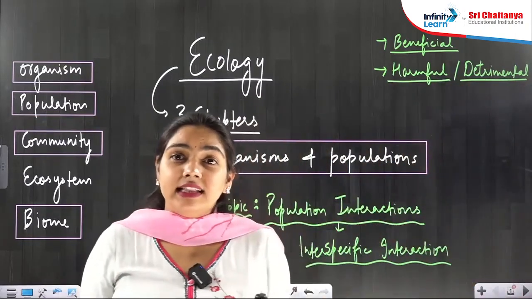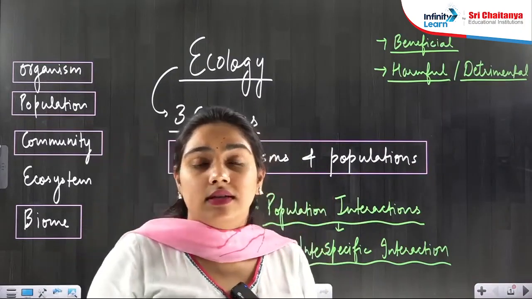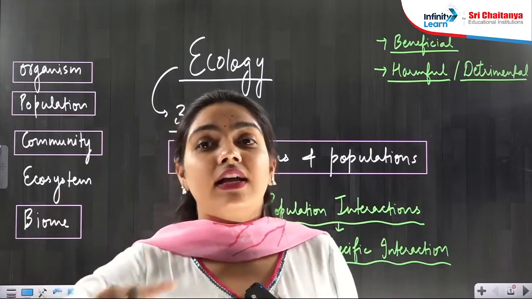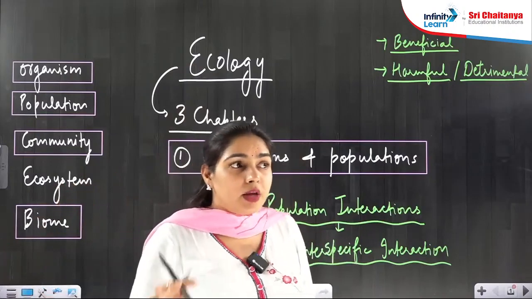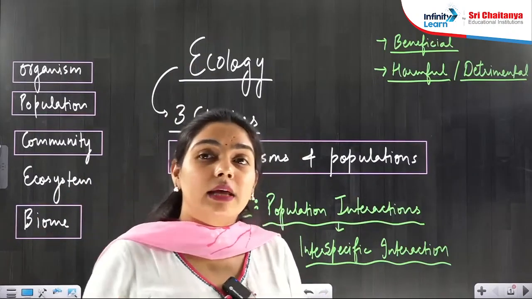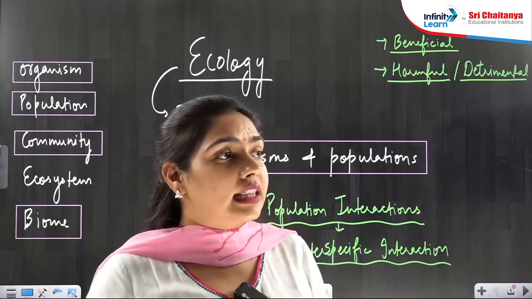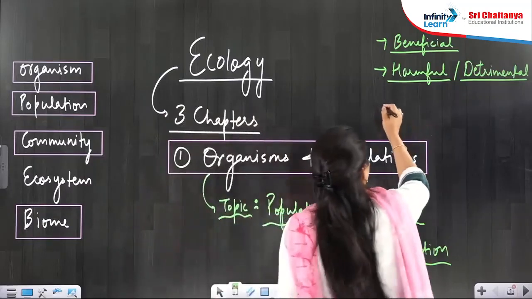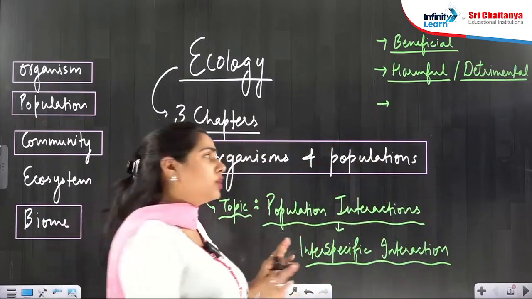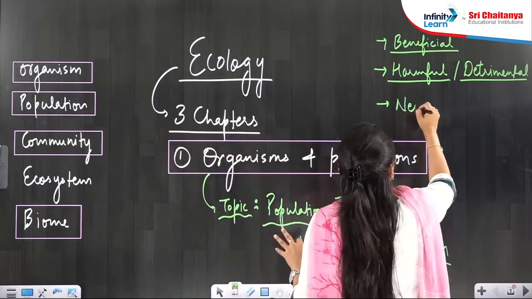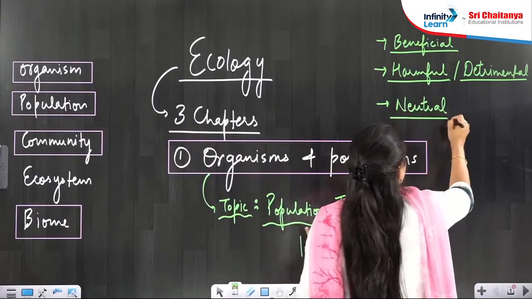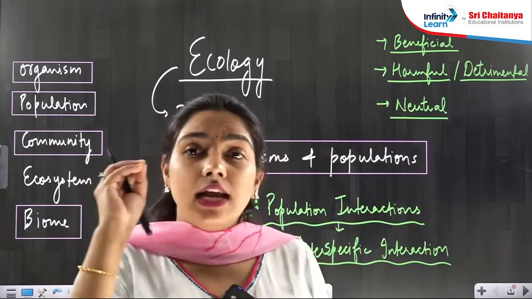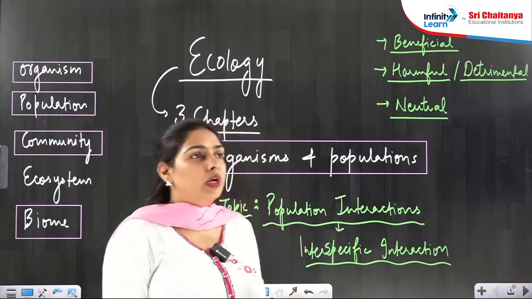The rat is being harmed; the cat is getting food, but the rat is being harmed. So one is getting benefit, the other is getting harm. Sometimes both species get the benefit, sometimes both get harm, sometimes one gets benefit and the other gets harm. And sometimes it is neutral, meaning it is not getting benefit and not getting harm. So let me show you six types of population interactions.